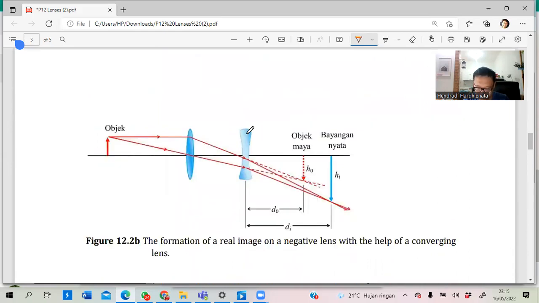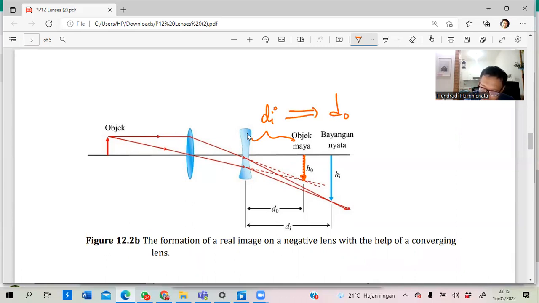So what happens if you have a converging lens here? A converging lens can be helpful to enlarge the object. You have initially this image, which was the DI. Now, because of this second lens, this DI becomes a DO for the second lens, so you have two calculations.